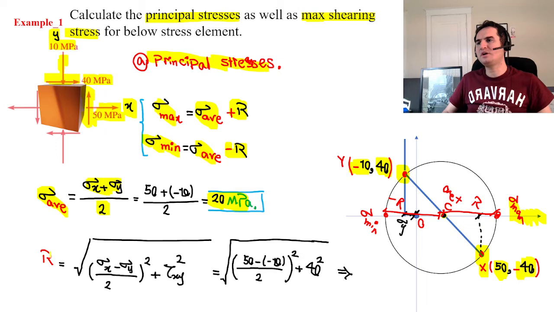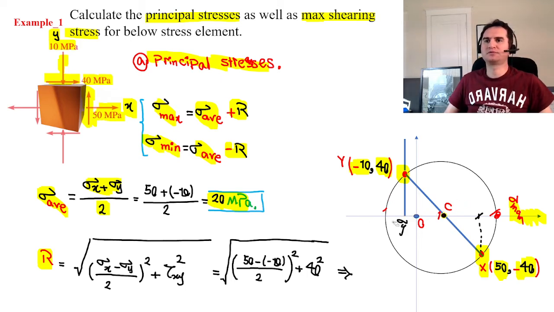At the same time, let's see how we can calculate R, which is the radius itself. We already have sigma average.